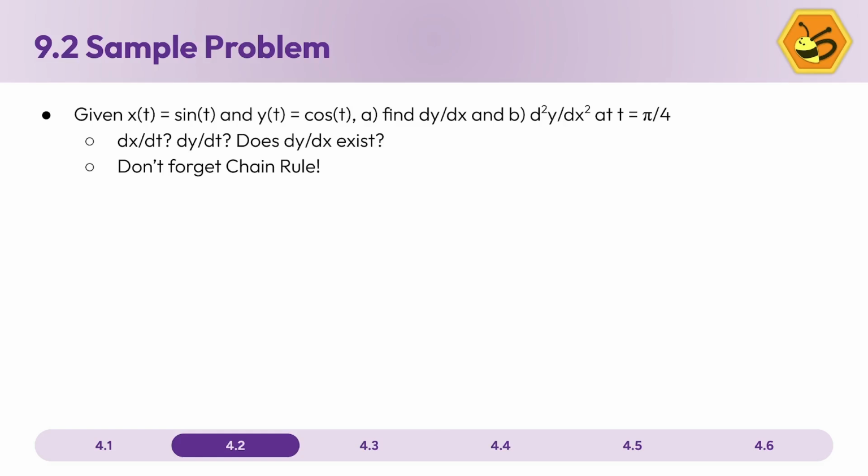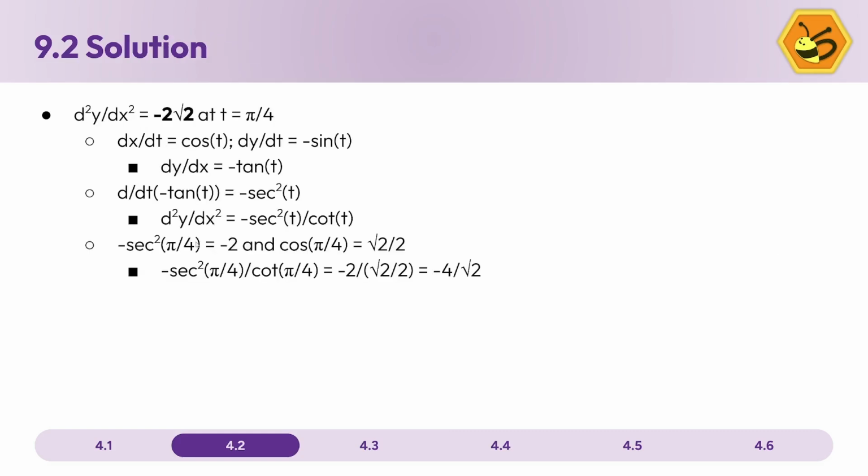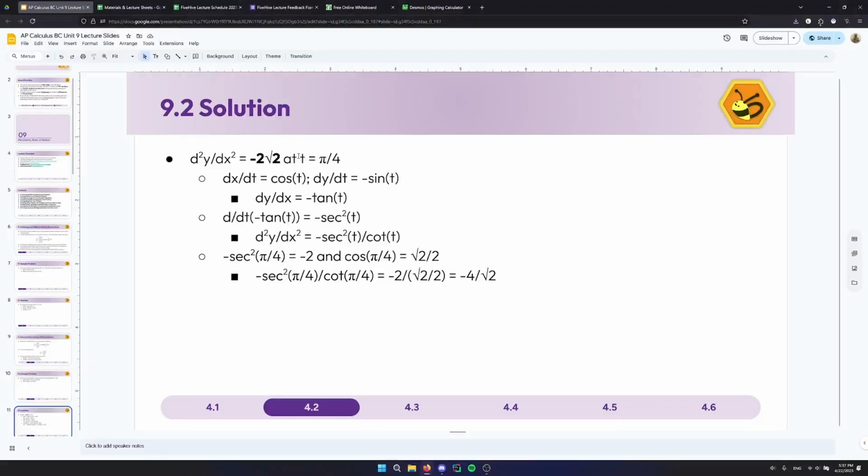Okay, anyone else need more time? Okay, let's go over the answer. The answer is out. Yes, it should be negative 2 square root of 2, if I did it correctly.